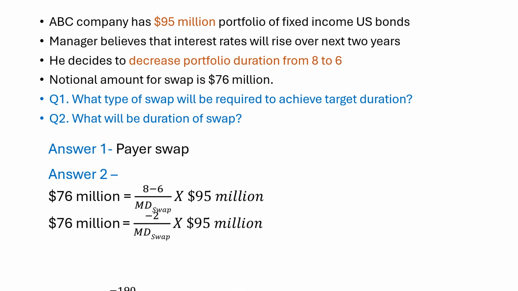So here we have minus 190 divided by 76, which is equal to 2.5. So we need a payer swap with the duration of 2.5 years. And that's how we can change the modified duration of the portfolio using swaps. We learned how to calculate the notional amount of the swap, and also how to calculate the swap duration.